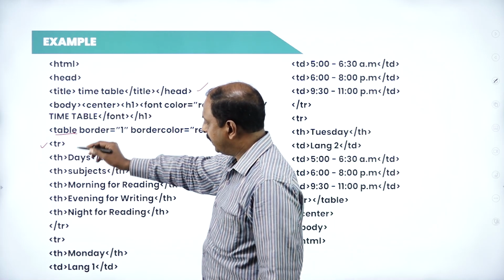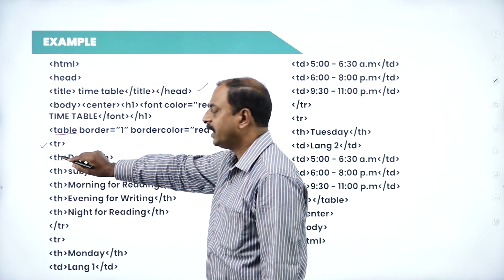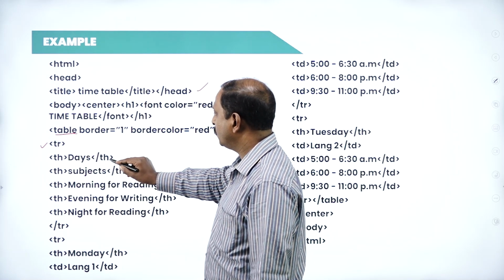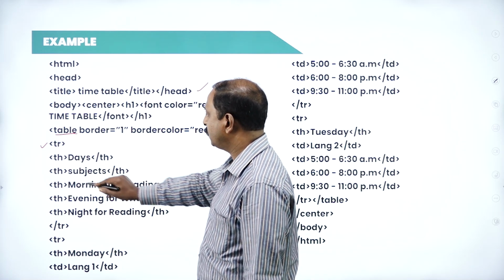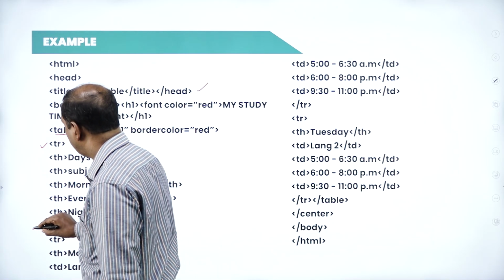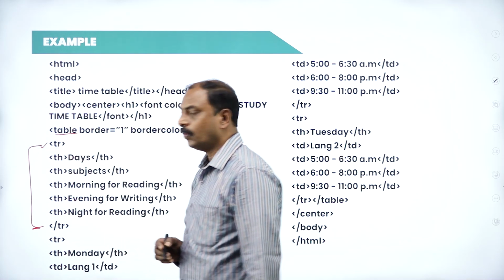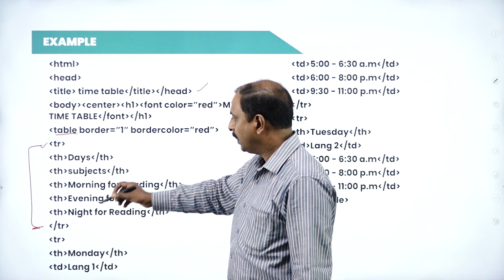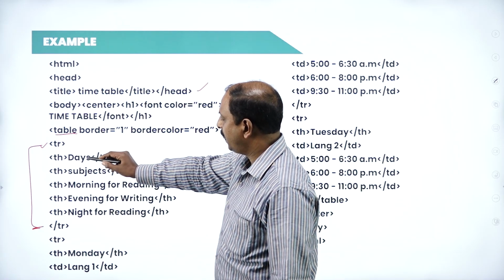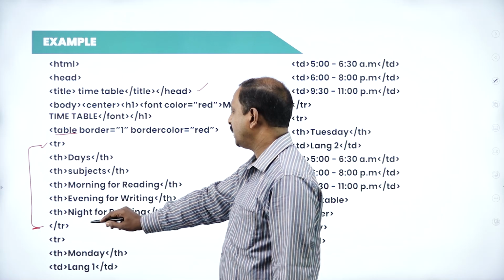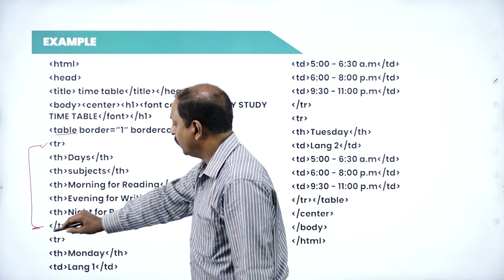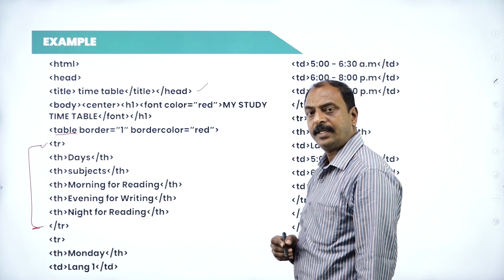Inside that we have TH, which stands for table heading, and again open TH, close TH, and so on. We can have a number of TH here and then close TR. From here to here is one row. Inside this we have a number of columns. In this example, days, subject, morning, evening and night for reading together form 5 columns. This is one row.